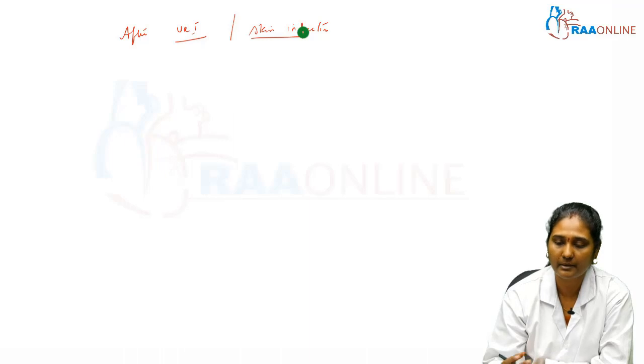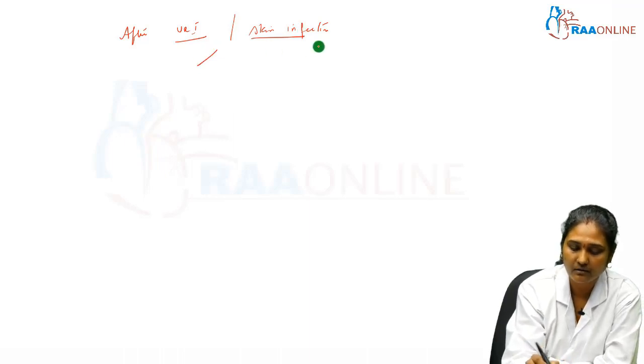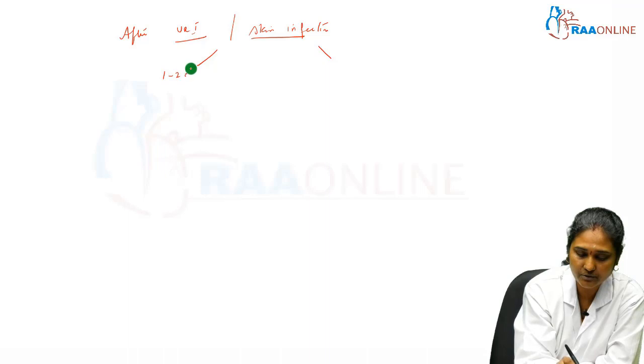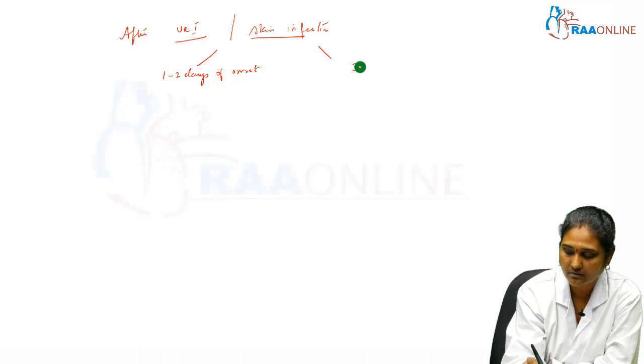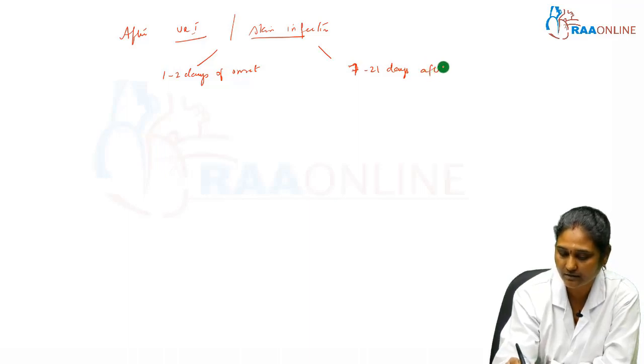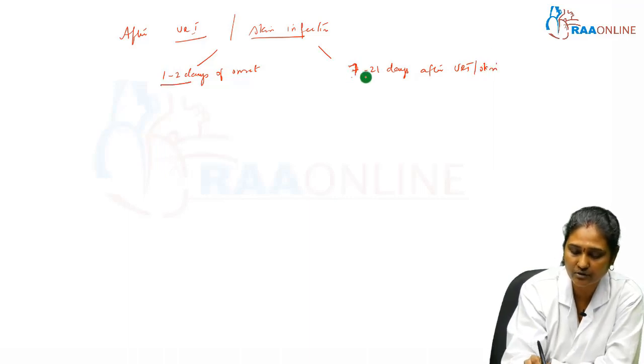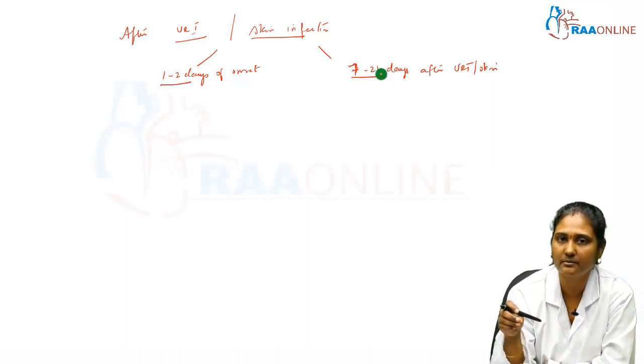The child may develop hematuria either within 1 to 2 days of onset of the URI, or between 7 to 21 days, that is almost a week to 3 weeks after the URI or skin infection. Depending upon the time of onset, whether early or somewhat delayed, you can, at least to some extent, suggest a likely diagnosis.